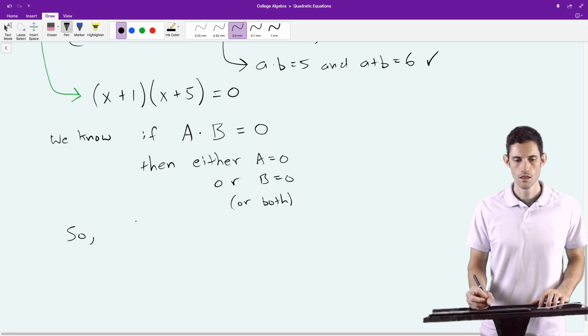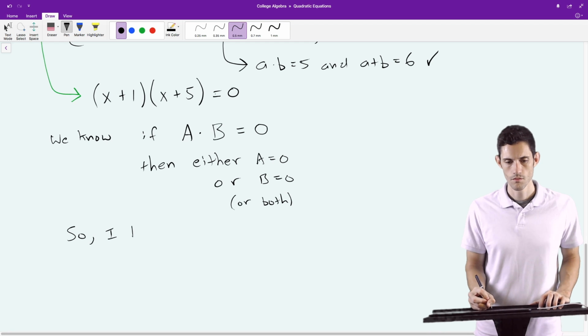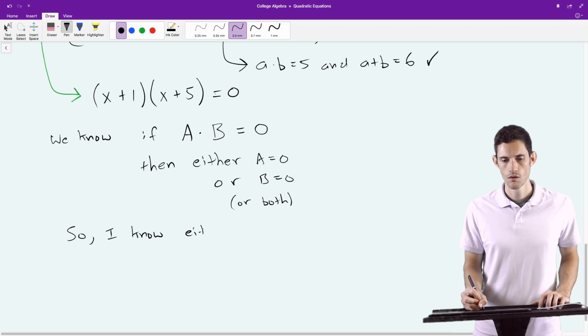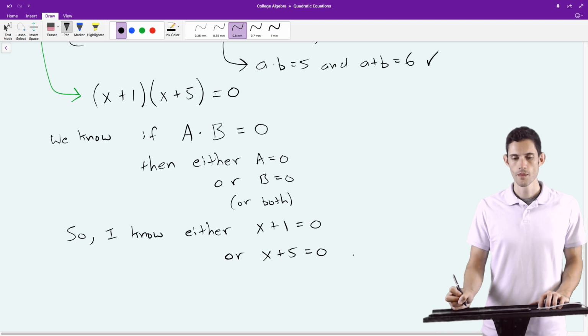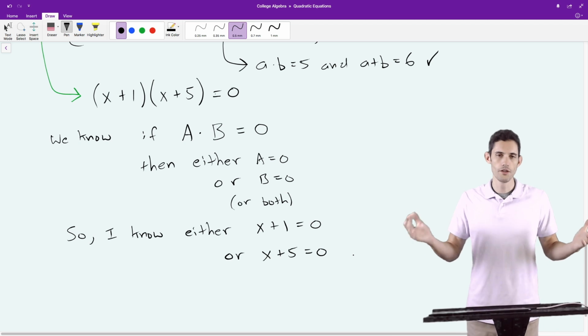So I know that either x plus 1 equals 0 or x plus 5 equals 0. And this is great because now I've got two linear equations.